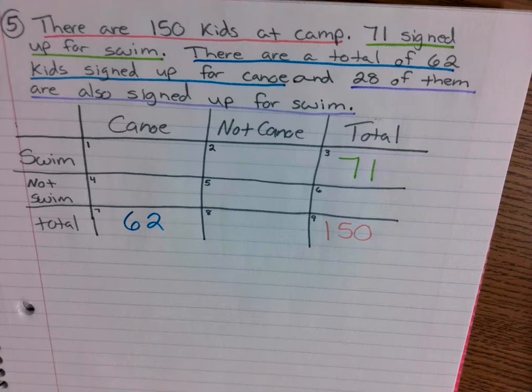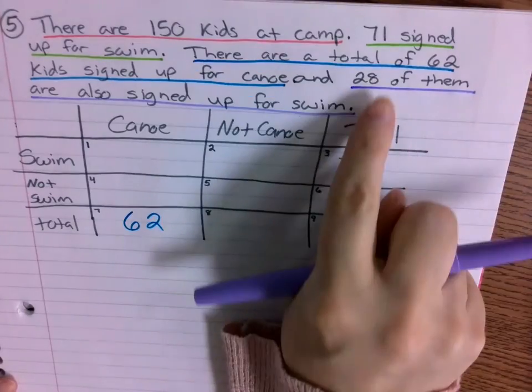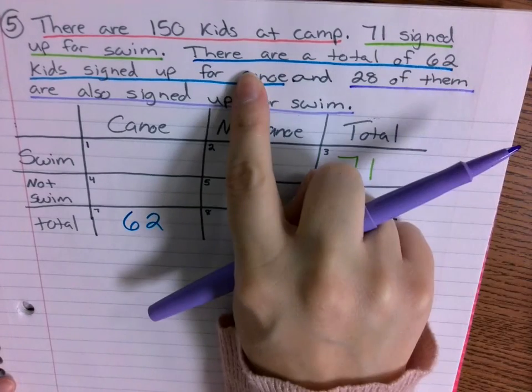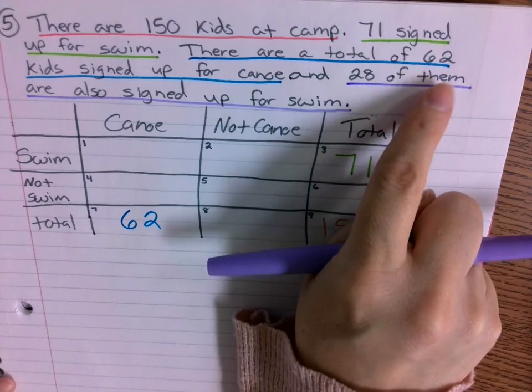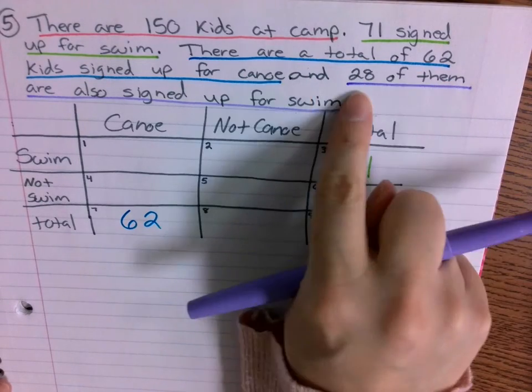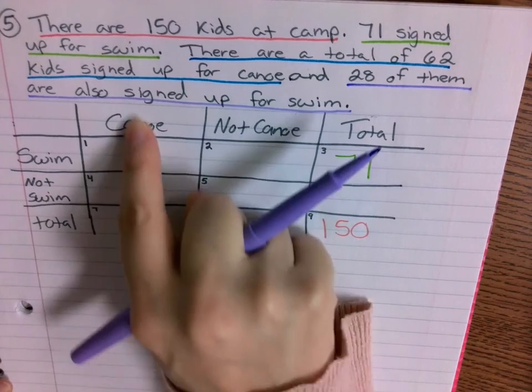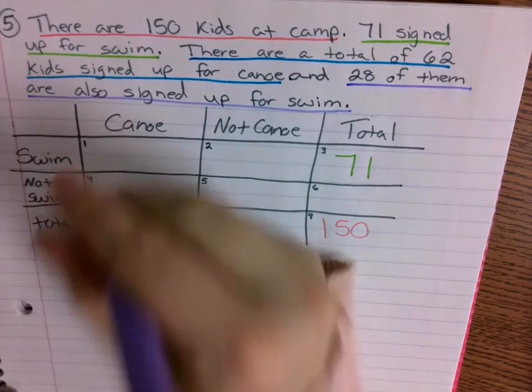Caden, where do you think? Yeah, box 1. So there's 62 canoe students, and of those canoe students, 28 of them are also in swim. So you're talking about canoe and swim together. Canoe and swim together is right here. That's 28. So it is going to go in box 1.